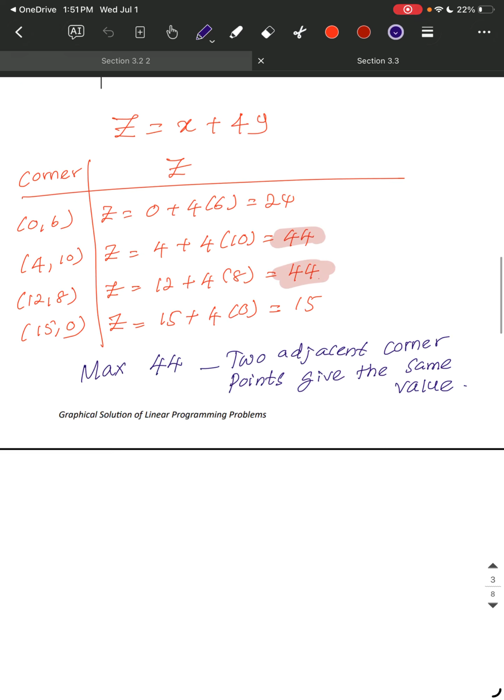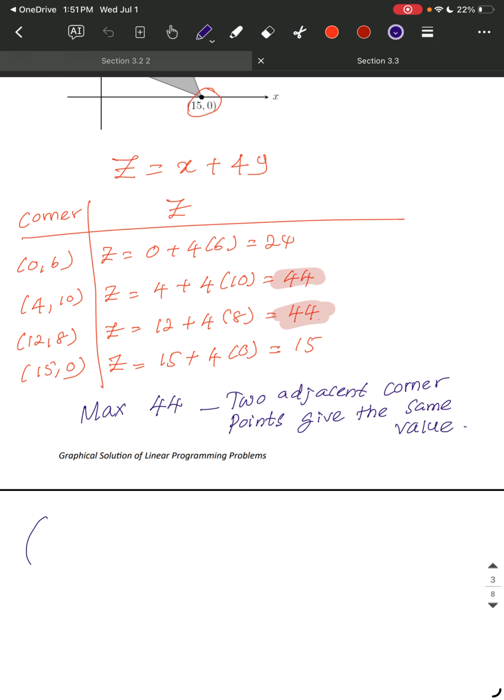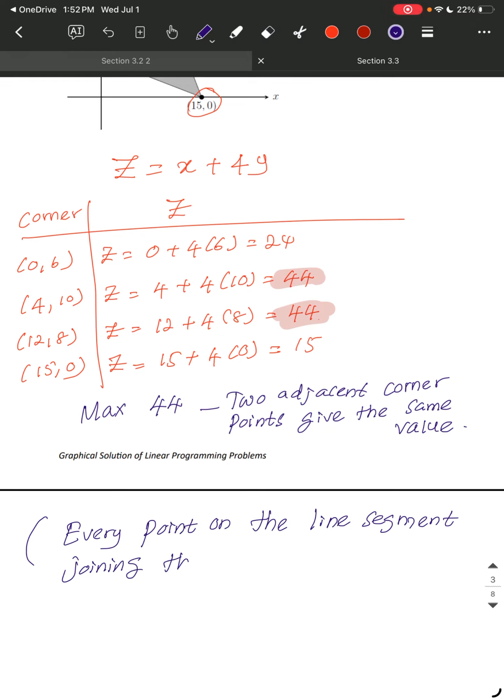So important: every point on the line segment joining these 2 vertices is also optimal.